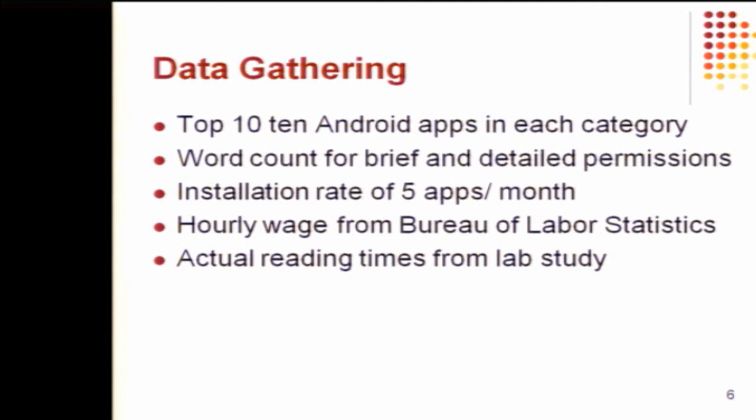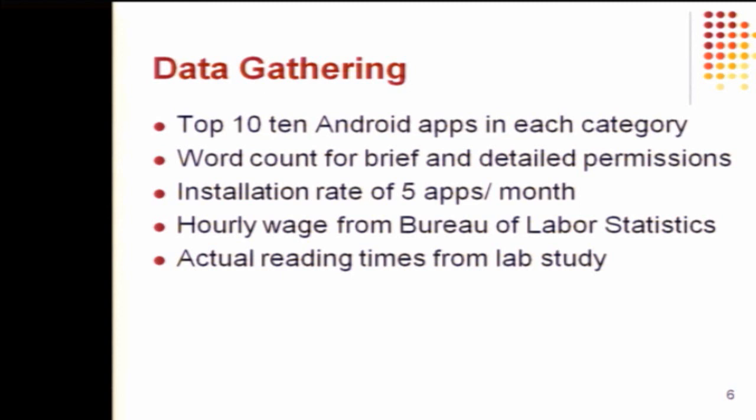Okay. And the word count was obtained for both brief and detailed permissions. Android has overall 130 of these permissions, and each of them has subparameters, so there's a lot of data for the brief and detailed permissions. That's why we stick to 10 applications in each category.